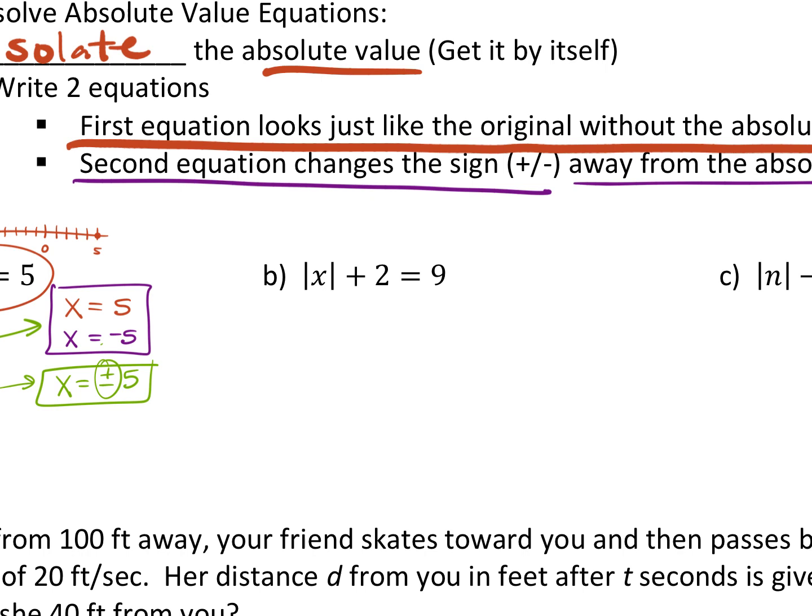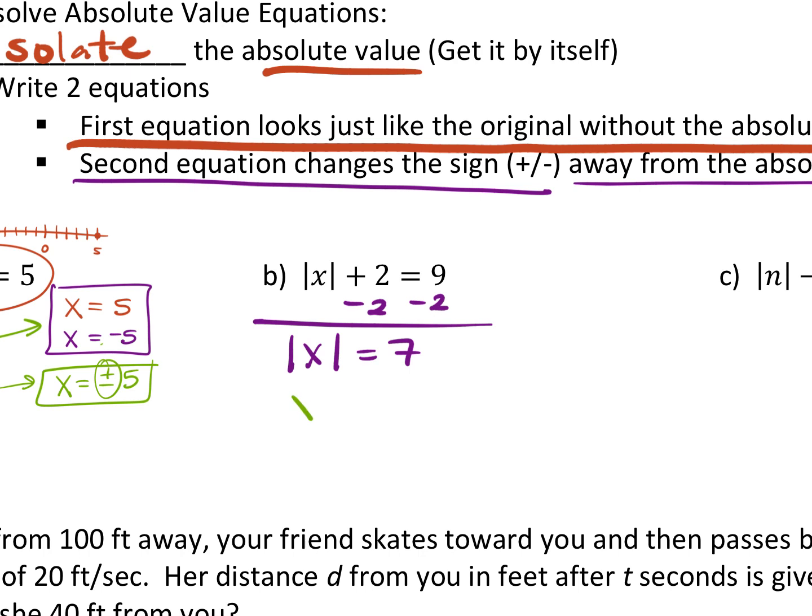Okay, so for this one, the first step is isolate. How do you isolate your absolute value on one side of your equation right now? Take away the 2. So we're going to go minus 2 and minus 2, and we get the absolute value of x equals 7. Once you have isolated, then you're going to write how many equations? 2.